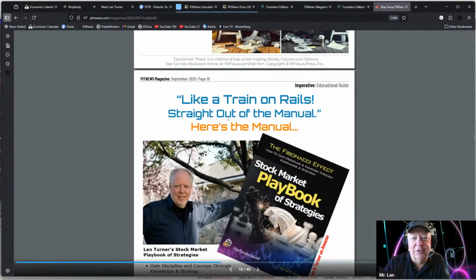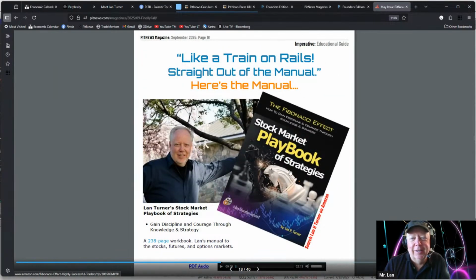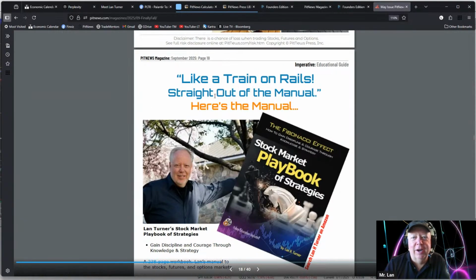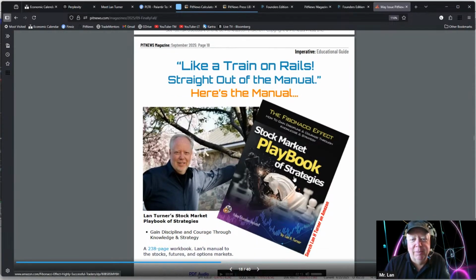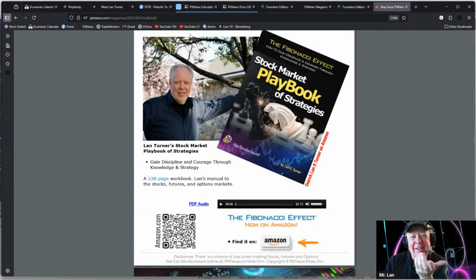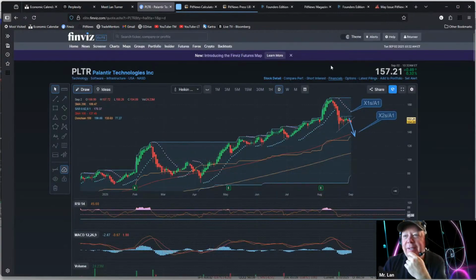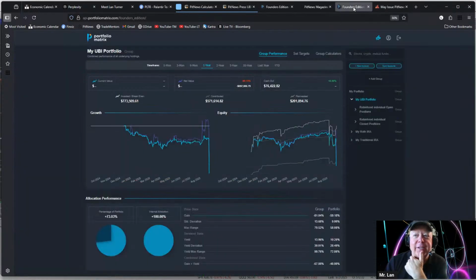Like a train on rails, straight out of the manual. Here's the manual right here: The Stock Market Playbook of Strategy. So when I say like a train on rails, straight out of the manual, here's the manual. Where do you get the manual? It's on Amazon. Just go search Lan H. Turner and you can get the manual. It has all this stuff in there. I thought it was funny, I made up that headline. We're just having fun.